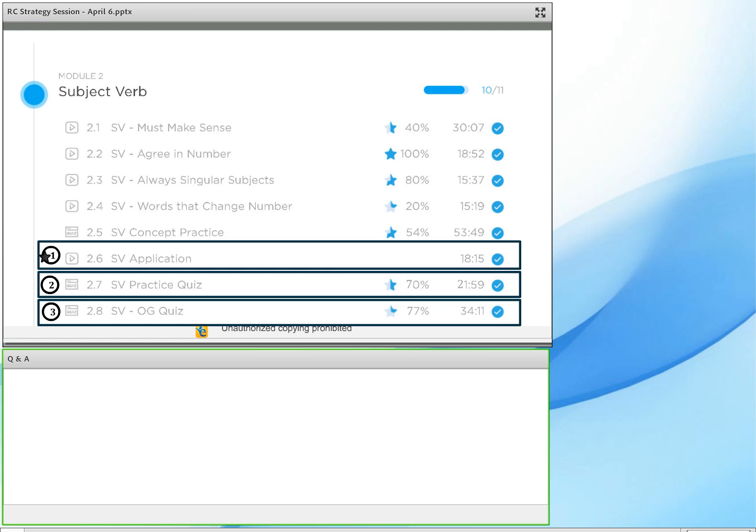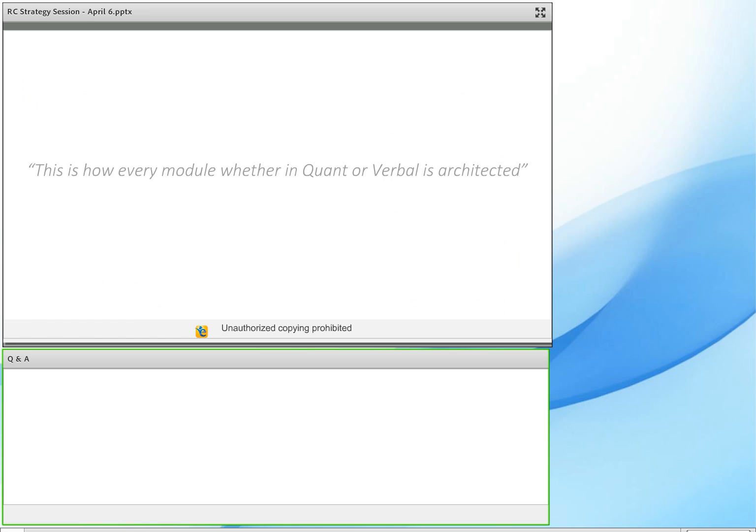Then we give you practice on that, and we evaluate your ability to do that. And then we give you a set of targeted official questions, so that you can apply the same thing not just on e-GMAT questions, but on official questions as well. We have over 100 modules in our courses, and this is how every module in Quant or Verbal is architected.